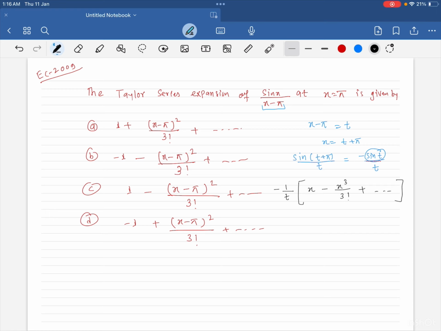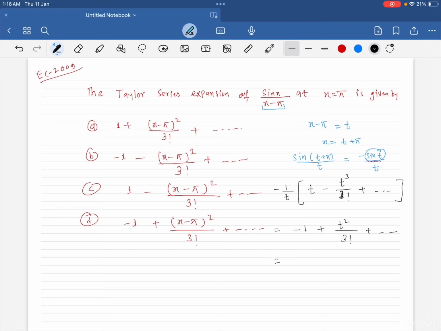Here it will be not x but t, right? Now we can take this t inside, that will be minus 1 plus t squared divided by 3 factorial plus so on.